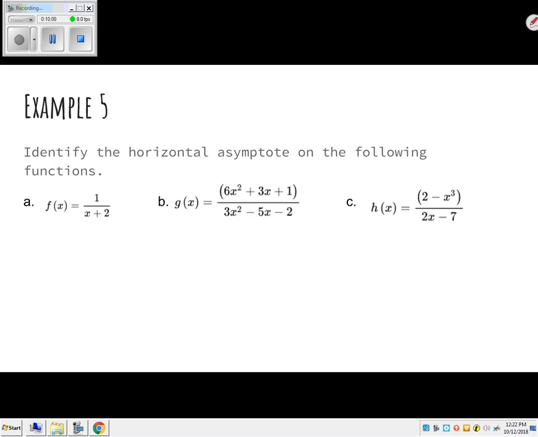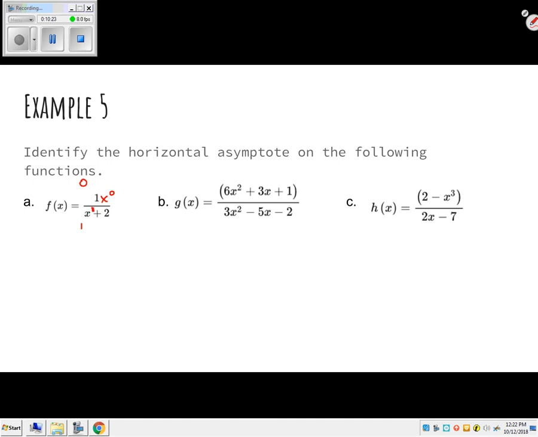Careful on this first one right here. On f of x, if that is a 1 right there, that means that it's a constant term. It's like 1 times x to the 0, except they got lazy and didn't put x to the 0, because x to the 0 is 1. So the degree of the top is 0, the degree of the bottom is 1.